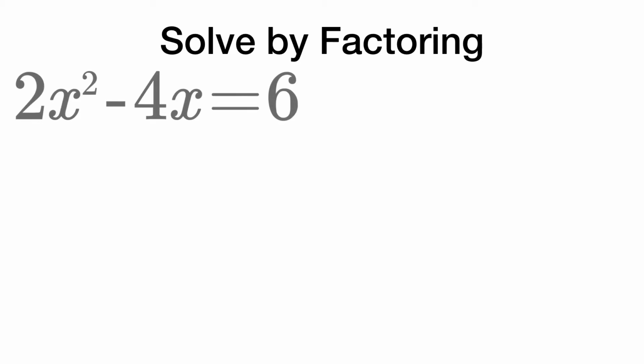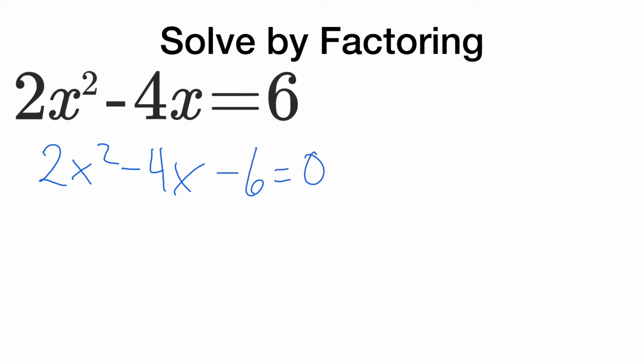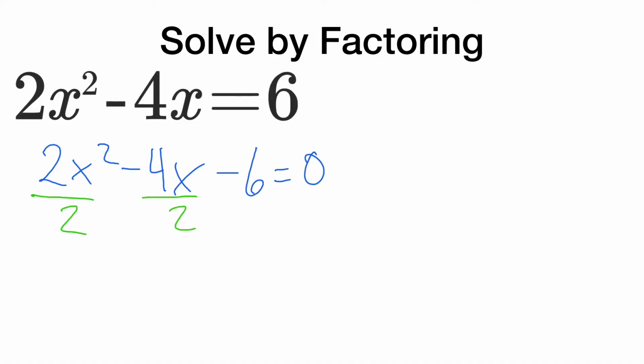So let's try another. Okay, so first step is that we move everything over to the left side. So 2x squared minus 4x minus 6 equals 0. Now, do we have any common factors? The answer is yes, dividing everything by 2.